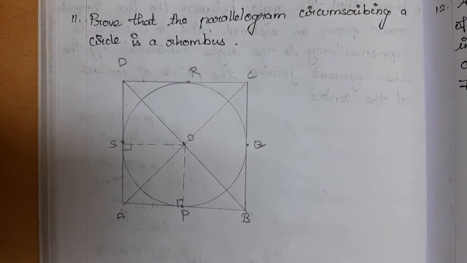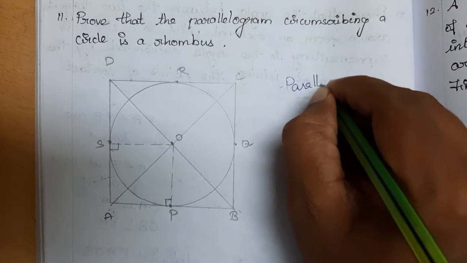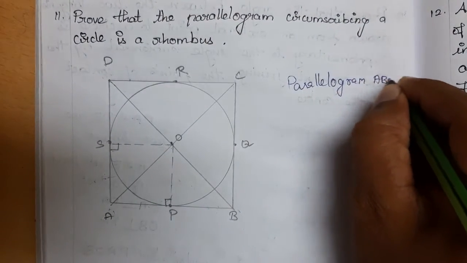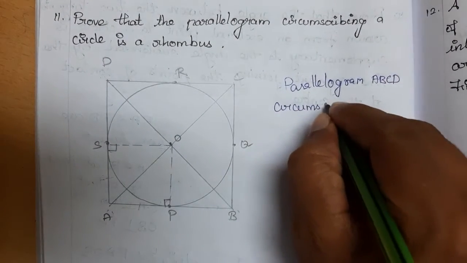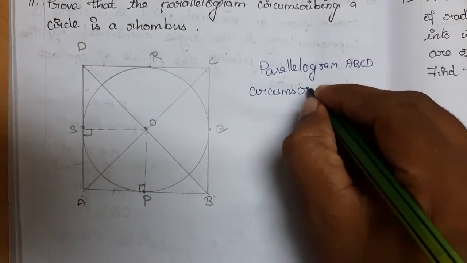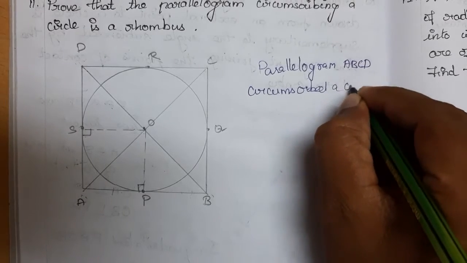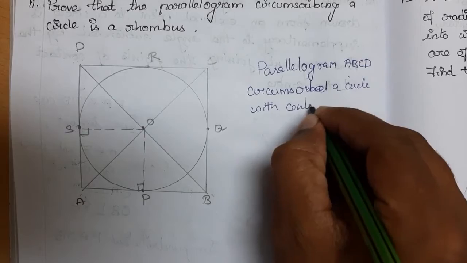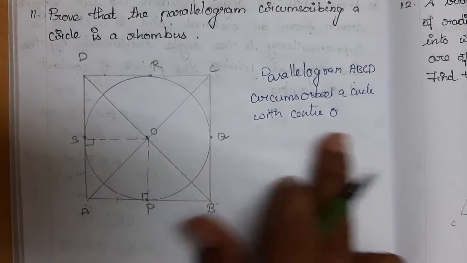So let me write: parallelogram ABCD circumscribes a circle with center O. Since it is not given in the question, the figure we have drawn ourselves, so we are naming it.